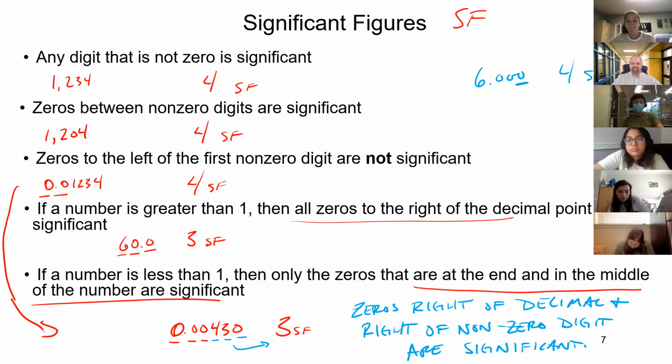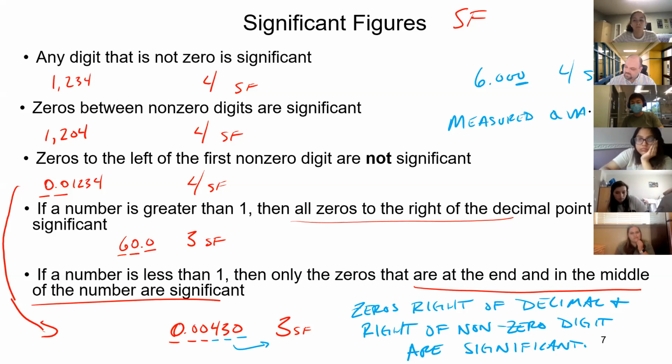Matthew, I see a hand. If the number is just 1, would it just be one significant figure? It depends. When we talk about significant figures, we talk about significant figures for measured quantities. There's a difference between a measured value and what we call a counting number, or an exact number.